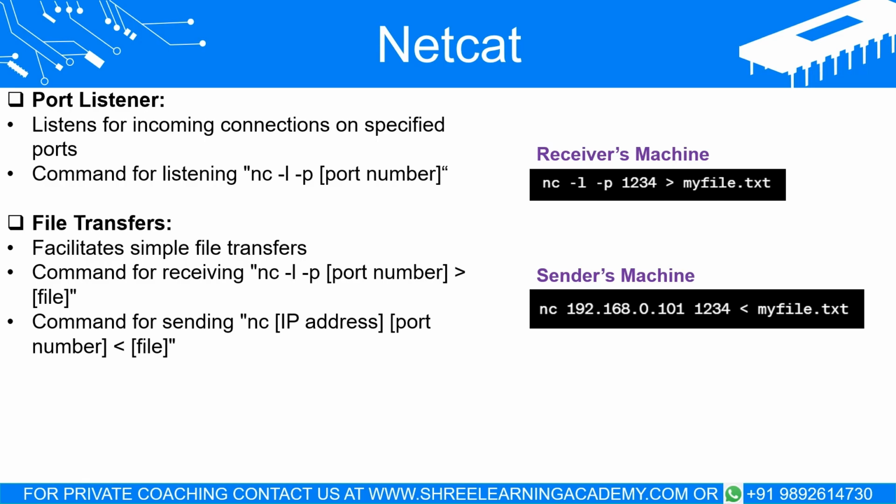On the sending machine, you would use the command nc 192.168.0.101 1234 < myfile.txt to send the file myfile.txt to the receiver. In this way, Netcat facilitates quick and easy file transfers.